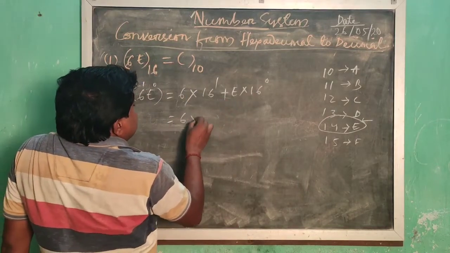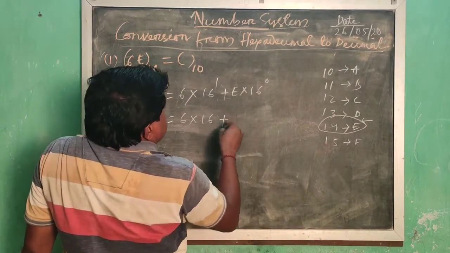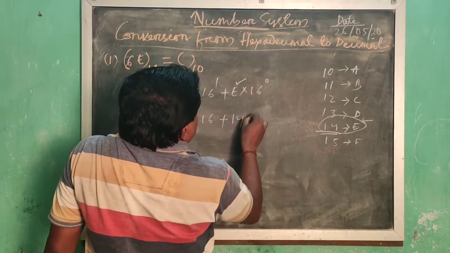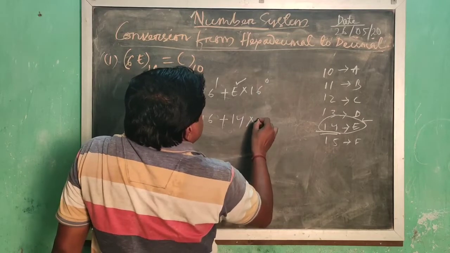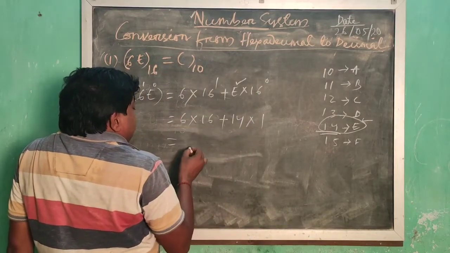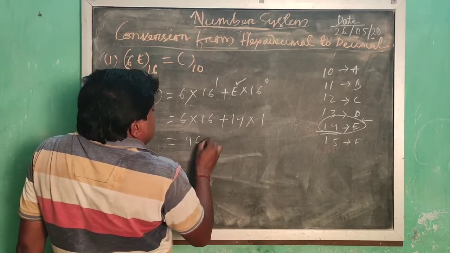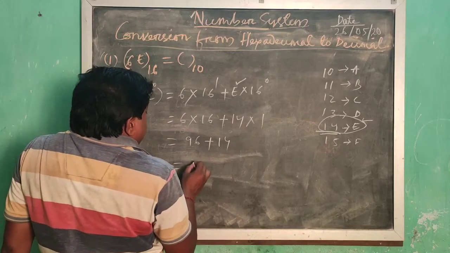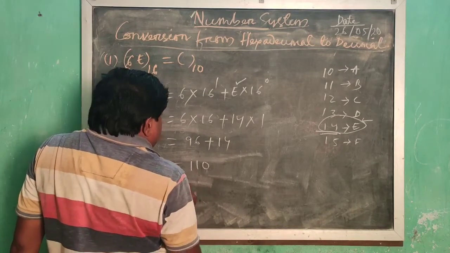So it will be 6 into 16 to the power 1 plus E, which is 14, into 16 to the power 0, which is 1. Then 6 into 16 is 96 plus 14 into 1 is 14. Then your answer will be 110.